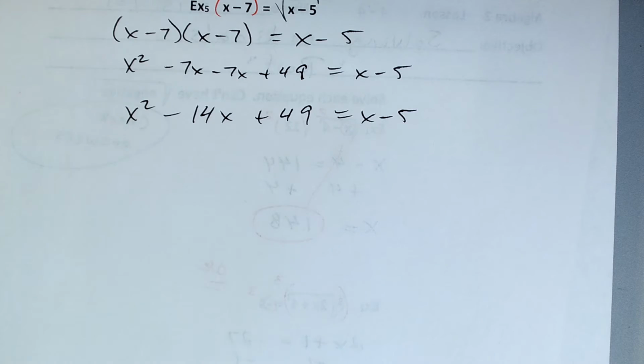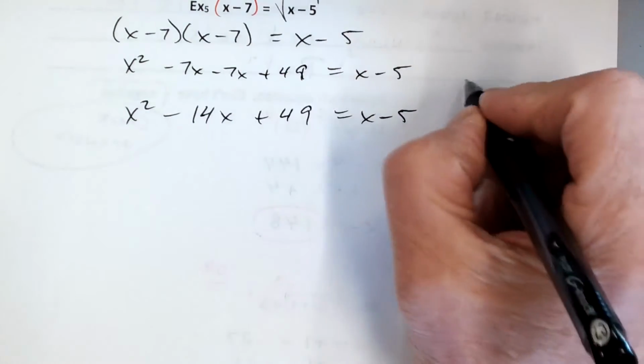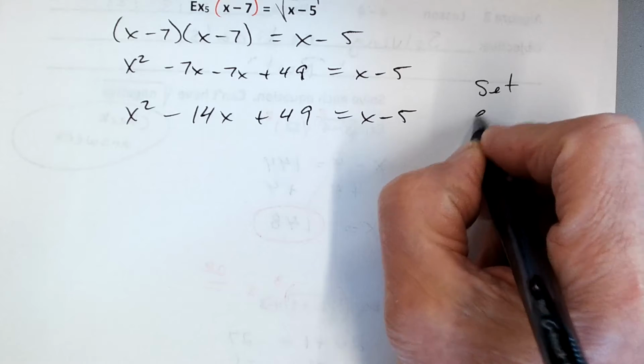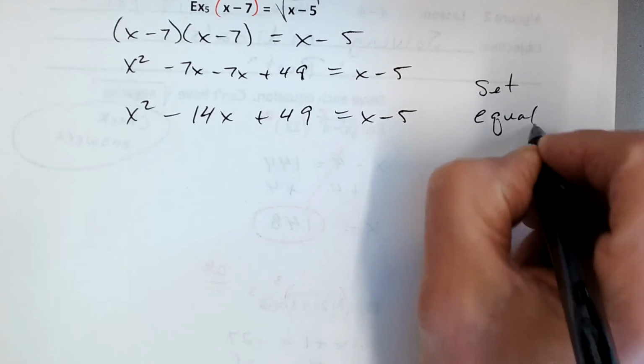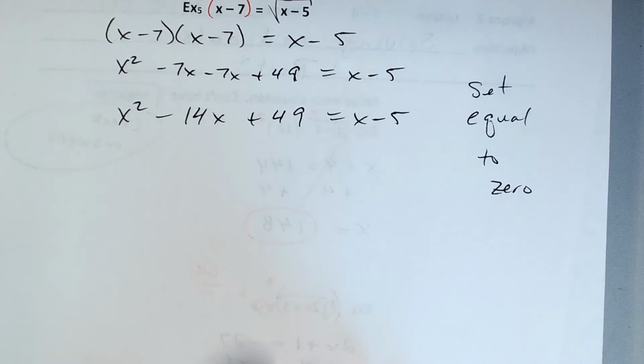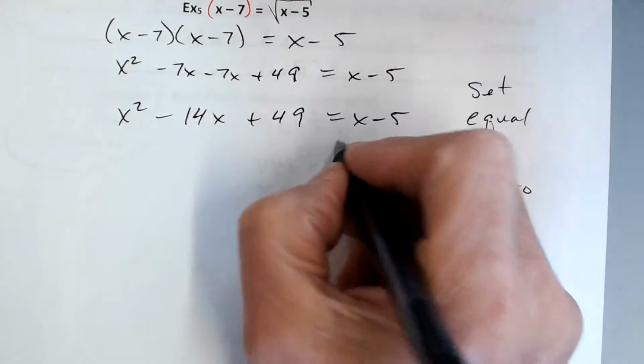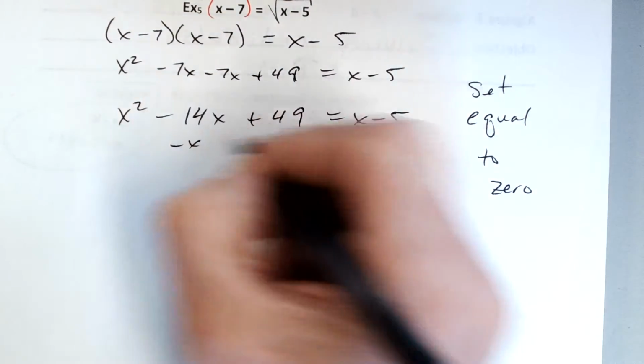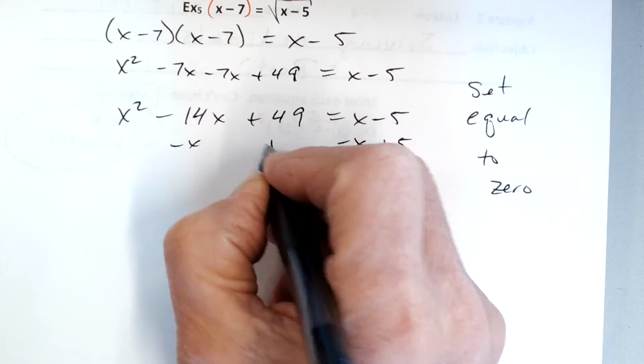And then I need to set it equal to 0, so I can solve it. So I'm going to go minus x plus 5 plus 5.